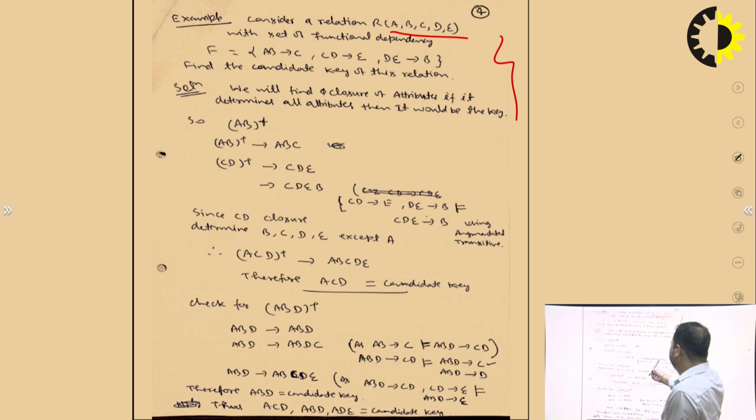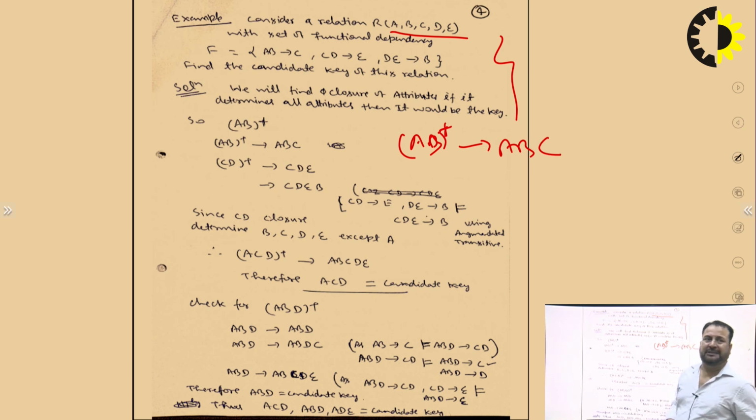Okay, so just to find out the AB closure. What will be the AB closure? The first rule is to write the closure of the attribute; AB closure is denoted like this. First we write AB, and AB determines C. Then, out of the 6 inference rules, if this AB closure determines any more attributes, we add them.